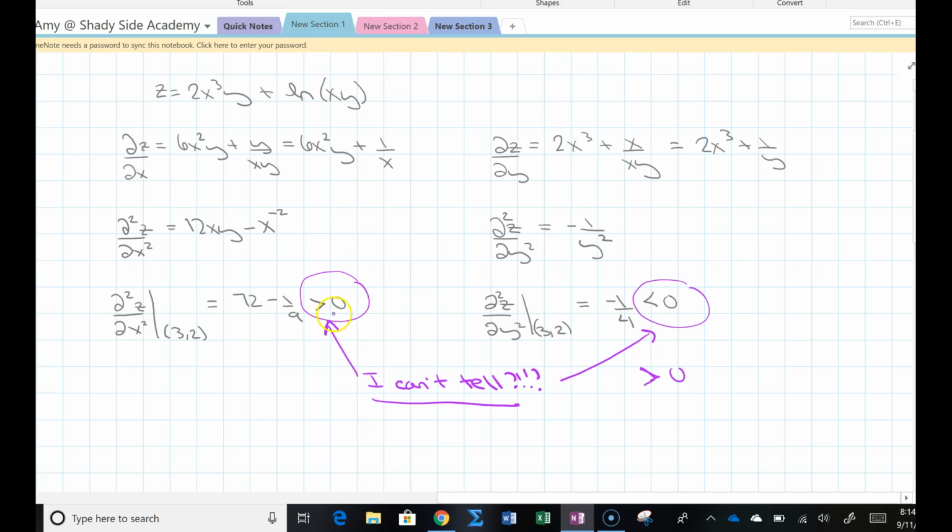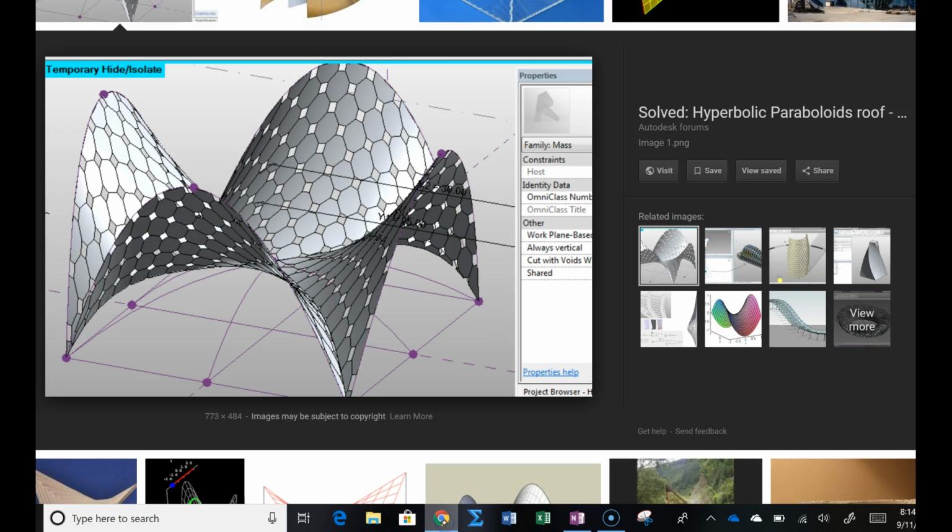Actually, I'll show it to you right now. Take a look at this, for example. If you look at this surface right here, and I'm not saying this surface is what we're looking at, I'm going to put the origin right here in the middle. Let's say the positive x-axis is here, and the positive y-axis is here. Let's just orient ourselves this way.